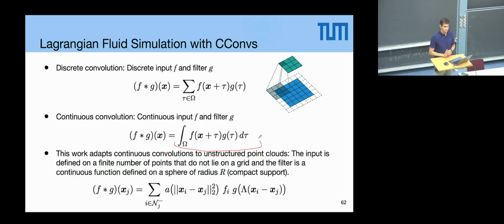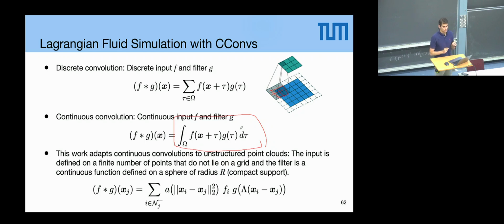And when we work with graphs, actually we could have something similar to this, because the nodes have an unstructured location in space. They are not in a regular grid like what we have here. So that was the motivation of this paper, using something similar to this idea of continuous convolution.